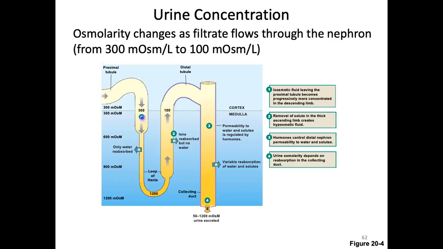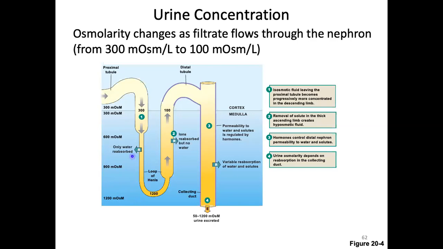Notice how when the urine filtrate goes into the loop of Henle, the descending limb, you're going to pull water from the loop of Henle into the interstitium. Why do we pull in water in the descending limb?